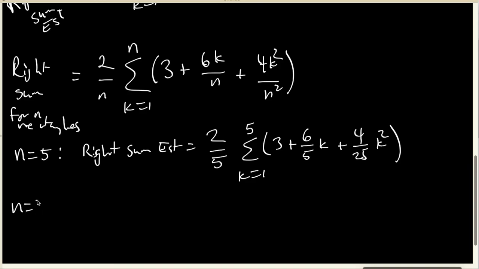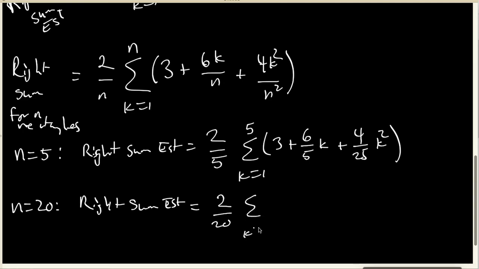If n is equal to 20, my right sum estimate is going to look like 2 over 20 times the sum as k goes from 1 to 20 of 3 plus 6 over 20 times k plus 4 over 20 squared times k squared.